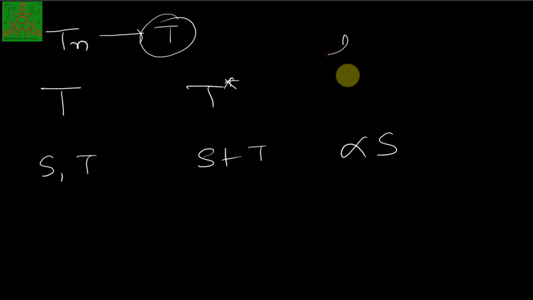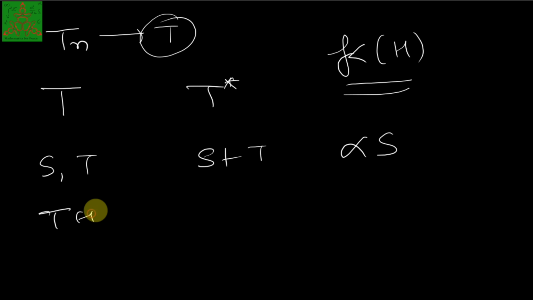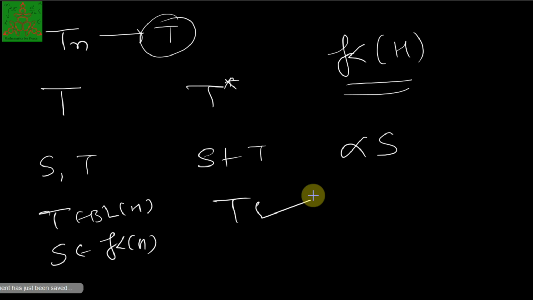That means K of H, the set of all compact operators defined on H, is a vector space. Furthermore, if T belongs to BL of H and S belongs to K of H, then TS and ST are compact operators.